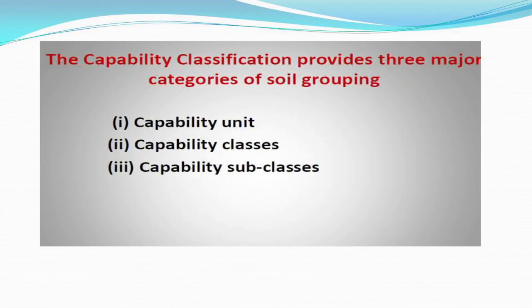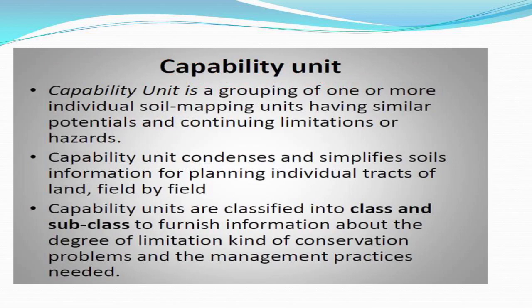So, the land capability classification provides three major categories of soil grouping. First is the capability unit, then capability classes, then capability subclass. If we talk about capability unit, this is a grouping of one or more individual soil mapping units having similar potentials and containing limitations or hazards.